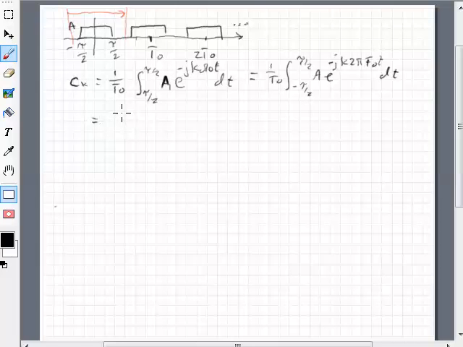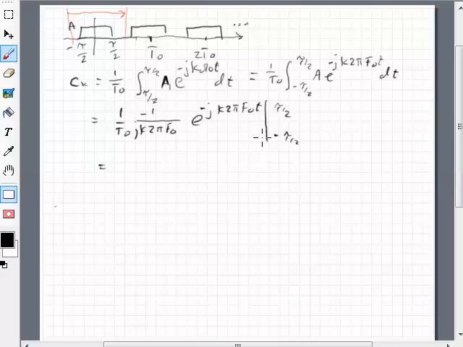It is equal to 1 over t0. This is an easy integral. We pick up the coefficient of t in the denominator, so we get a minus 1 over k 2 pi f naught, and we get a j as well, and then we get e to the minus j k 2 pi f naught t, evaluated from minus tau over 2 to tau over 2.